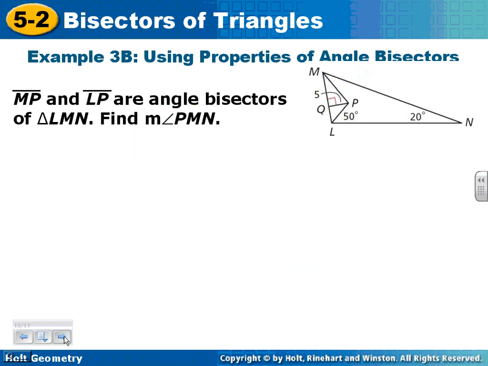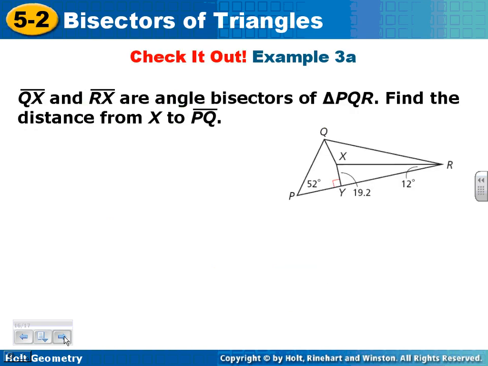Let's try another one. This time I'm trying to find a length, not an angle measure. It says that QX and RX are angle bisectors. So QX, which is this one, I'll put it in red, and RX are angle bisectors. Find the distance from X to PQ.